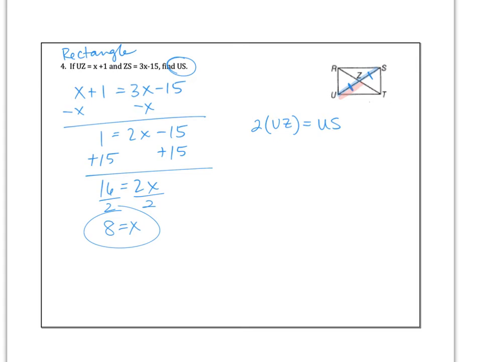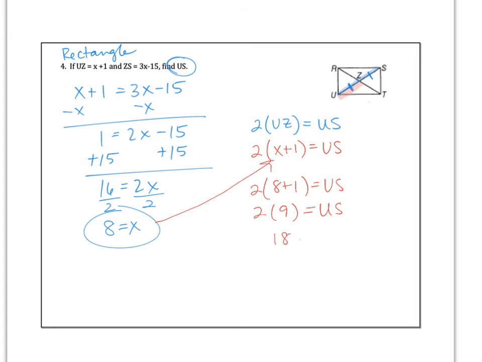So I'm going to say 2 of the x plus 1s will equal US. But we know x. So 2 times 8 plus 1 equals US. 8 plus 1 is 9. So that means 18 equals US.